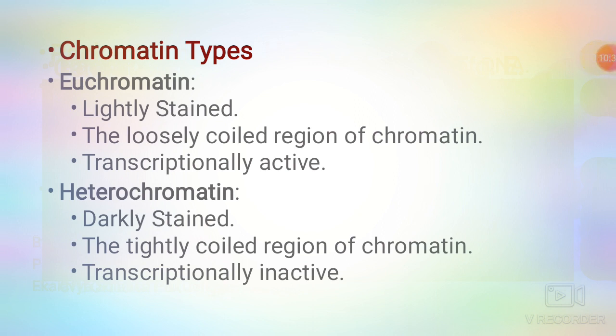In euchromatin the chromatin is arranged very loosely, but in heterochromatin it is very tightly arranged. Euchromatin is transcriptionally active, but heterochromatin is transcriptionally inactive. This is all about chromatin and its types.